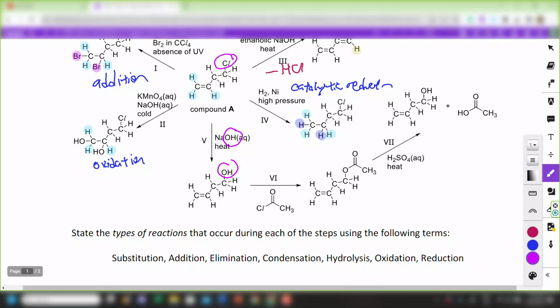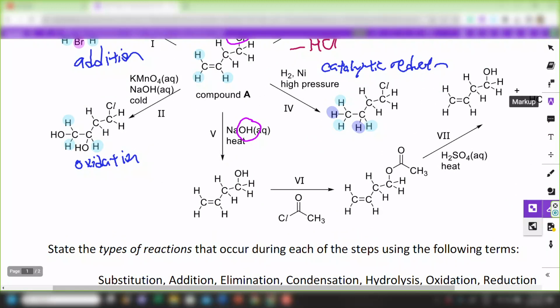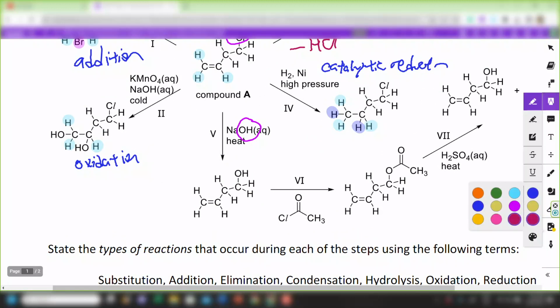Then for reaction 6, let us look at some pattern recognition. I'm just going to erase this, zoom in a little bit, and highlight two portions. I'm going to highlight the H and the Cl, and then the molecule over here, this OCCH3.